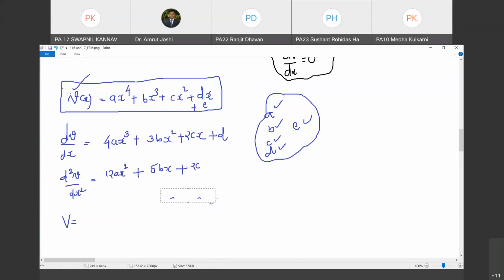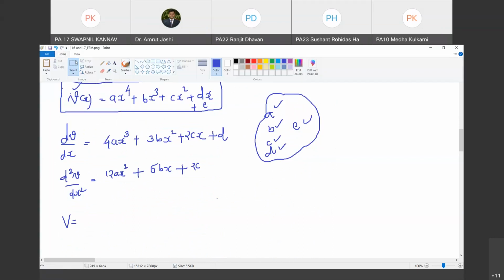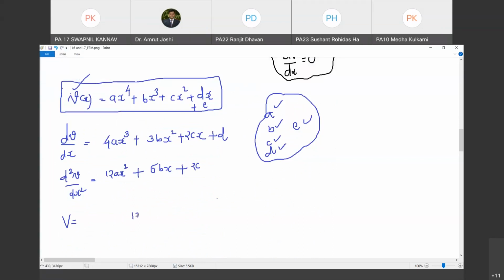So it is going to be 12a x square plus 6b x plus 2c, the whole bracket squared, dx. Do you agree with me? Yes. Happy? Yes, sir. And you have EI by 2 sitting here, and you need to integrate this from 0 to 4. Happy? Yes, sir.